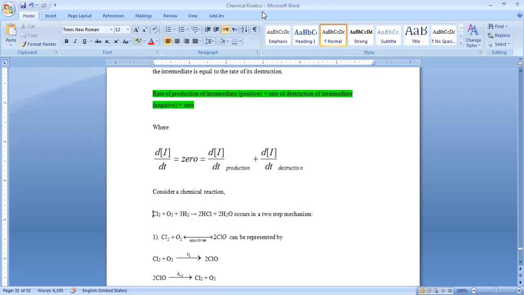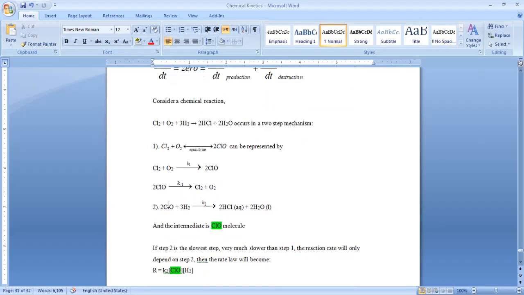Now the next step is the reaction between the ClO, the intermediate, plus hydrogen, and you get HCl and a water molecule. So the second step is basically the reaction between the intermediate and the reactant, where you get the product formation. The intermediate here is the ClO molecule.